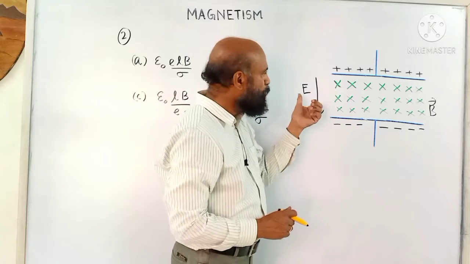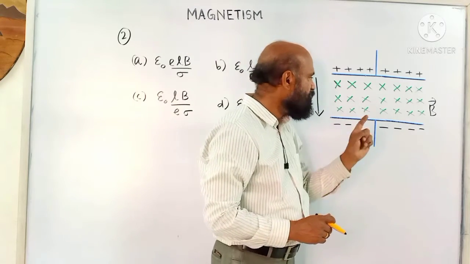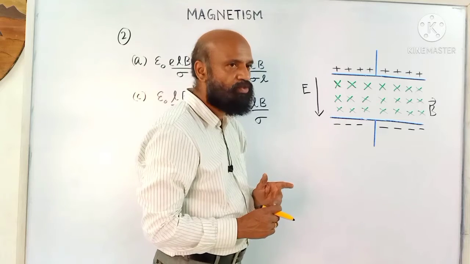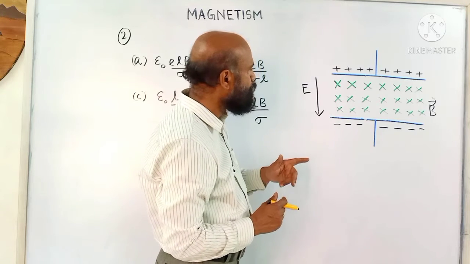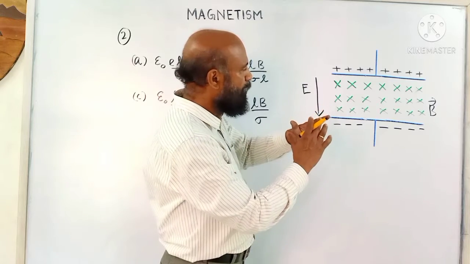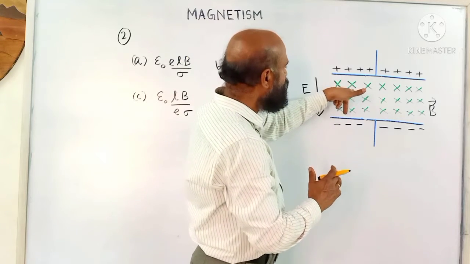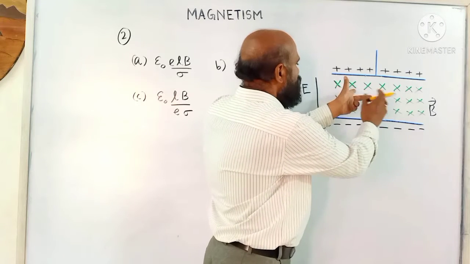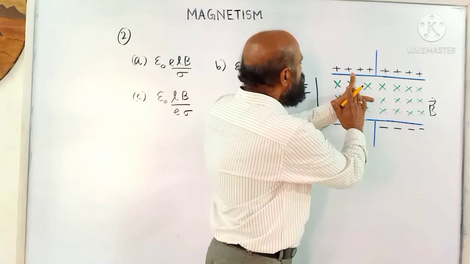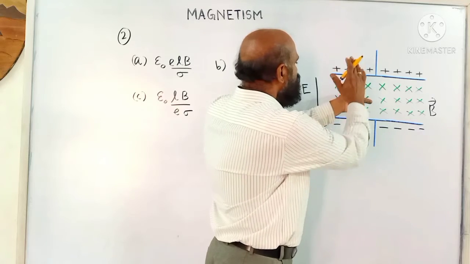If an electron is moving in a straight line, it will experience a force. That force is given by Fleming's left hand rule: forefinger in the direction of the field, middle finger in the direction of the movement of the positive charge. So a positive charge will experience a force in the upward direction.